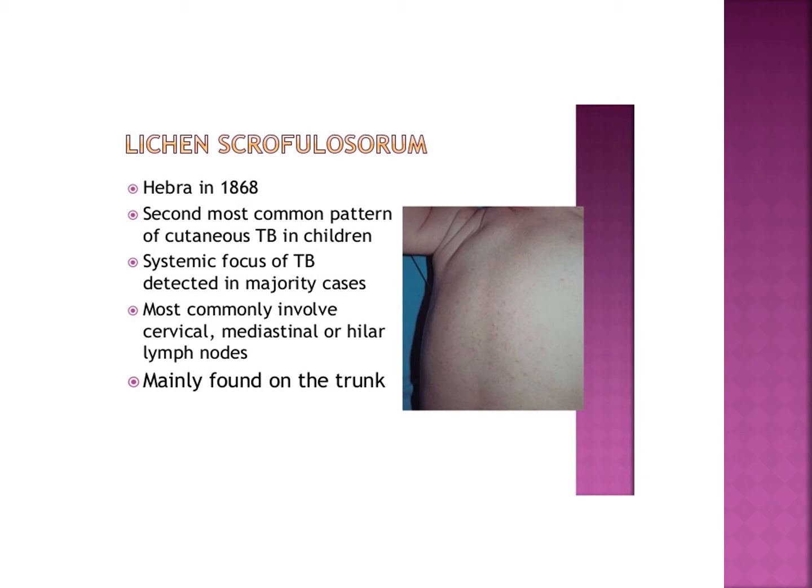And if you examine the patient, the cervical, mediastinal or hilar lymph nodes are found to be enlarged. So this is one of the varieties of tuberculosis. The papules are skin colored, and they are grouped in presentation.